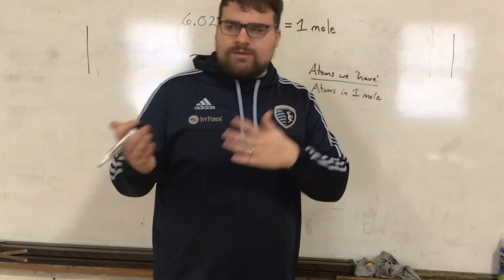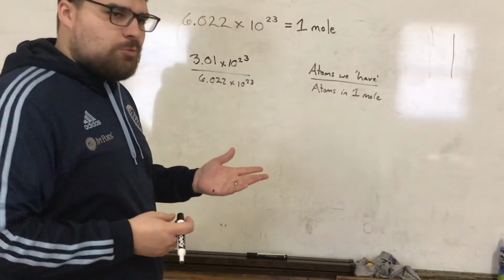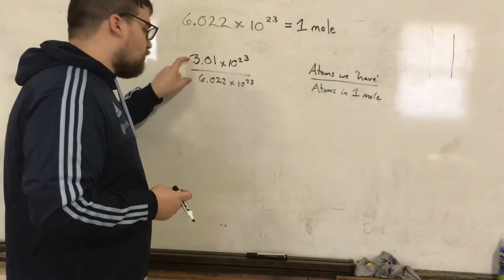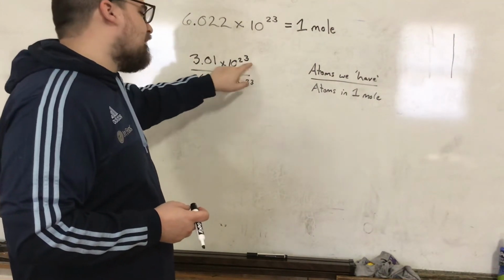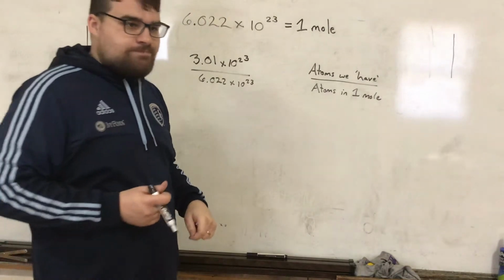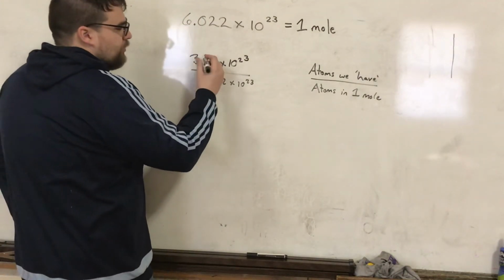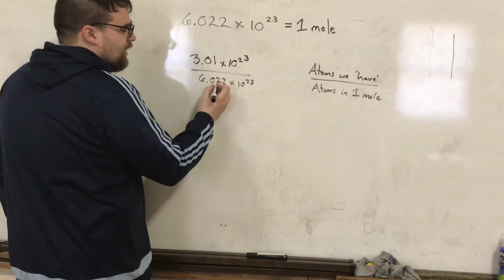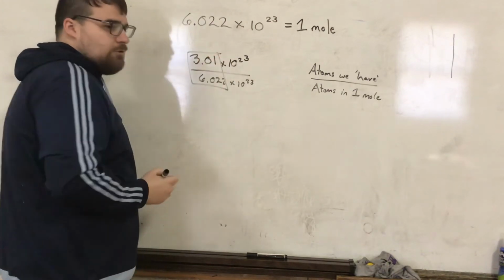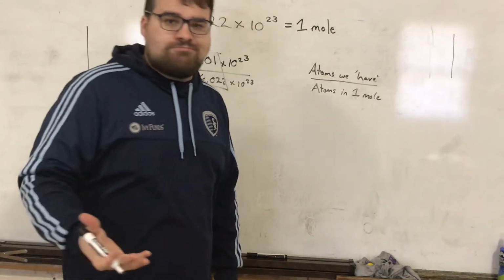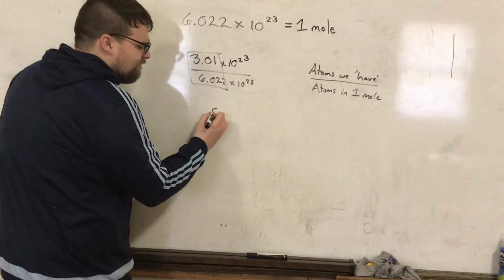We do it one step then the other. That's what we do with scientific notation as well. We divide the whole numbers at the beginning, and then we divide the scientific notation. So I'm going to take 3.01 divided by 6.022. I'm going to do that first. Well, guess what that gets me? You probably already know. That gets me right about 0.5.